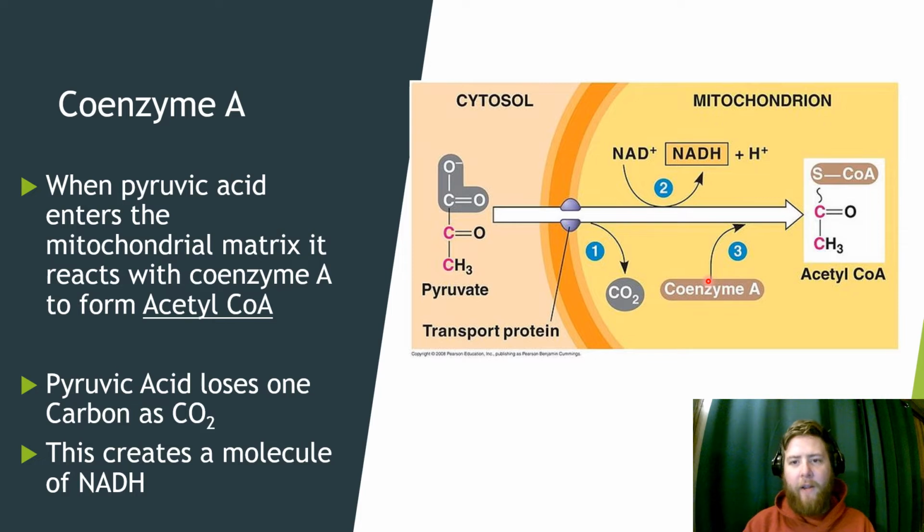Acetyl-CoA is what is needed to start the process of the Krebs cycle, the citric acid cycle. We lose one carbon, so we turn into this 2-carbon molecule. We lose a CO2, but we gain an NADH that is going to be used in the electron transport chain later.